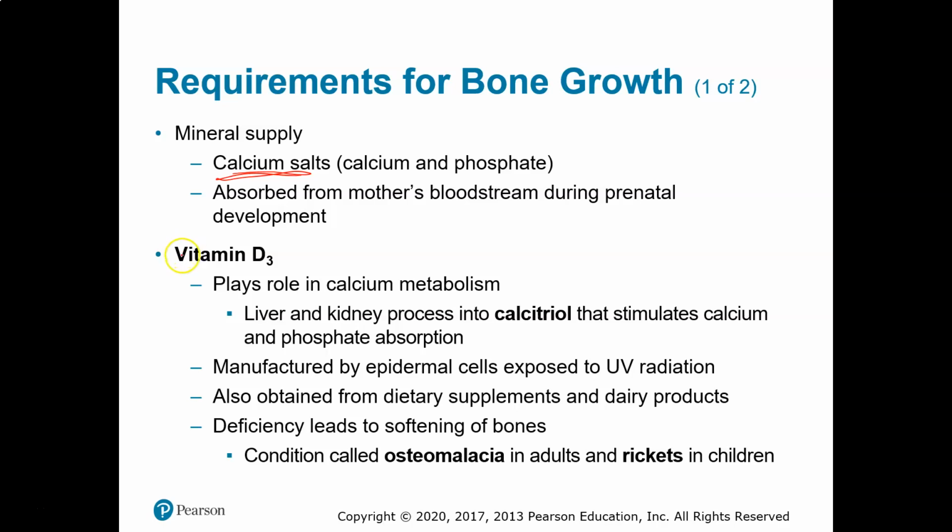Vitamin D3 is necessary for calcium absorption. Vitamin D is the precursor of a hormone called calcitriol. The liver and the kidney process vitamin D3 into calcitriol, and calcitriol stimulates calcium and phosphate absorption.